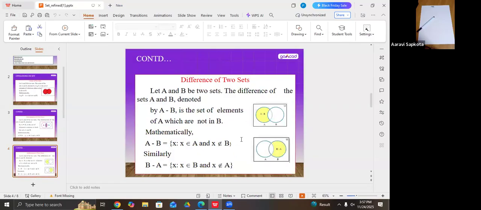Now the third operation is difference of 2 sets. Difference, which is minus. That is, we don't subtract the elements as in the number system. Rather, difference of 2 sets is the process of creating a set.